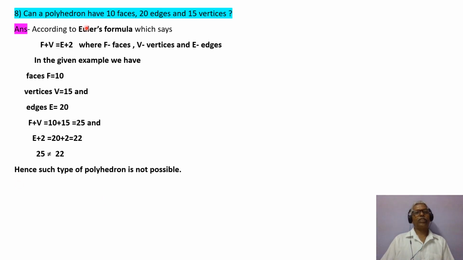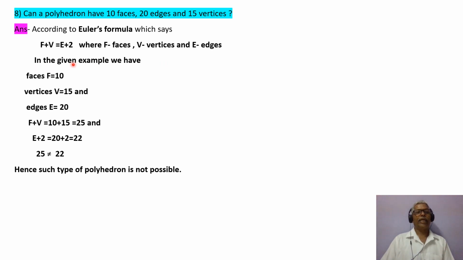Eighth one and the last one, read this very carefully. Can a polyhedron have 10 faces, 20 edges, and 15 vertices? Okay. You may come across such type of problems even in the exam. So try to understand this very thoroughly. Okay. So we are directly moving to the answer. According to Euler's formula, which says F plus V equal to E plus 2, where F is number of faces, V stands for vertices, and E for number of edges.